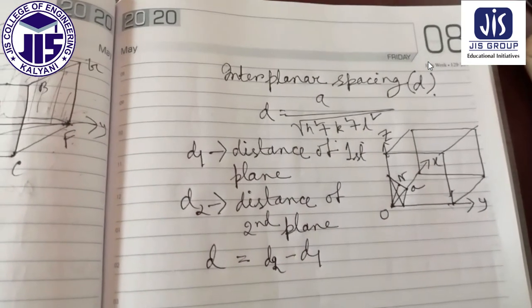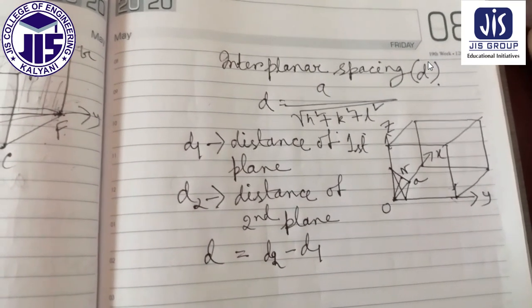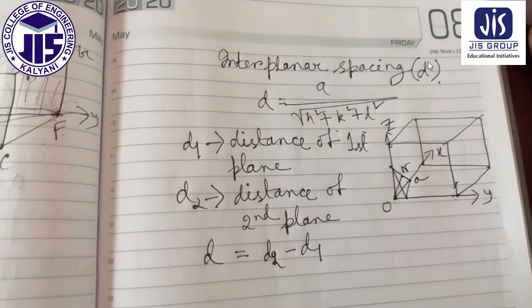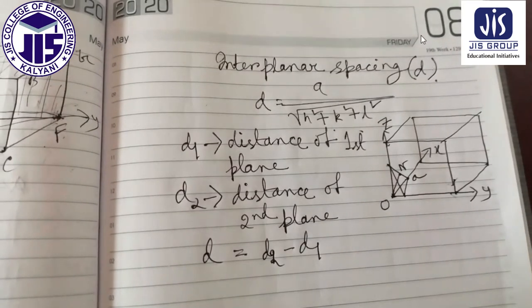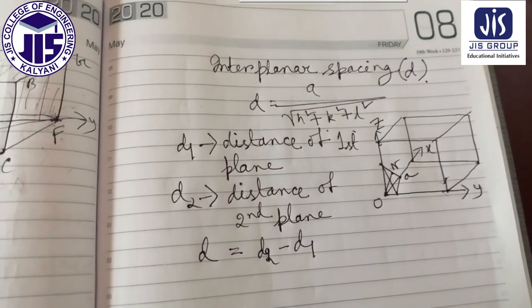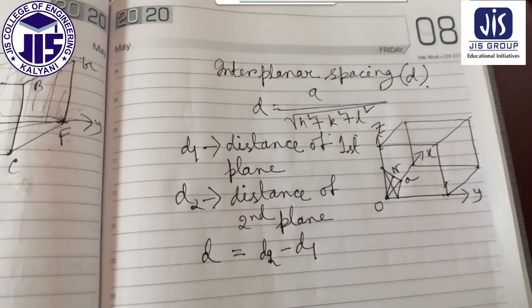This is the definition of the interplanar spacing. Now, first we have to prove the expression of d1, then the expression of d2.